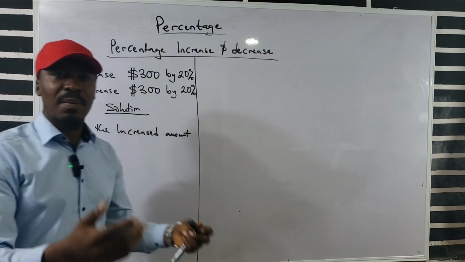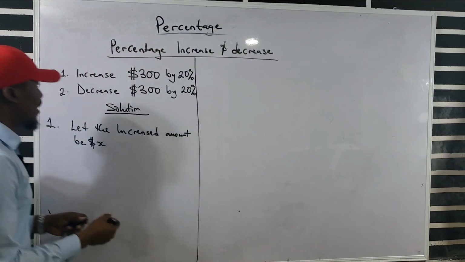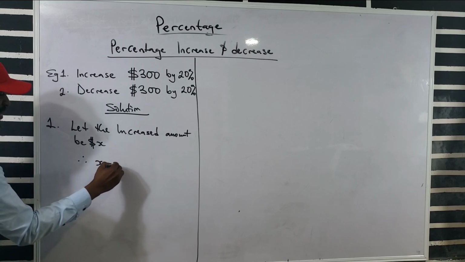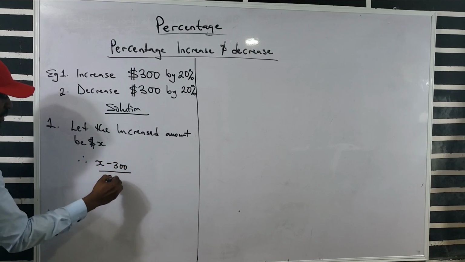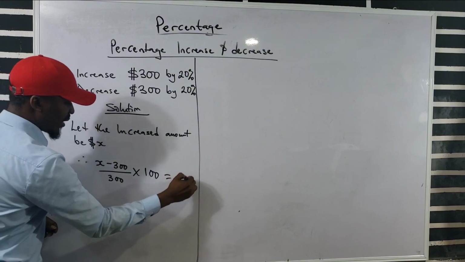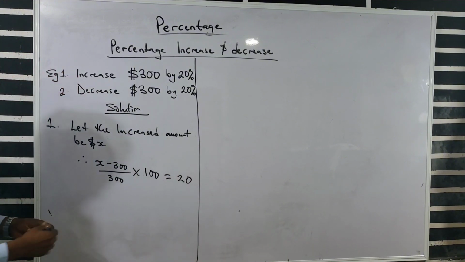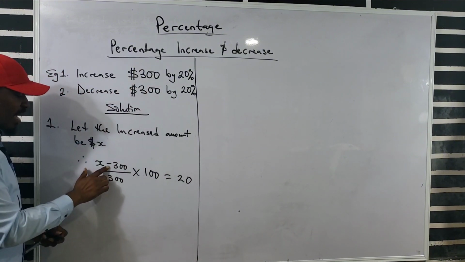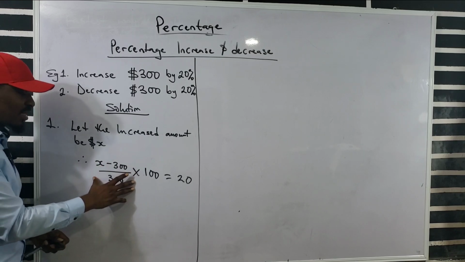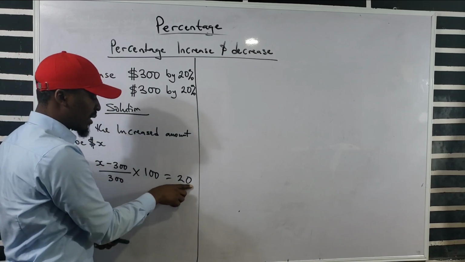Now, if the new amount is X dollars, what does that mean? It simply means that therefore (X minus 300) over 300 times 100 will give us 20. That's because the percentage increase of a certain amount is going to give us 20. Okay.